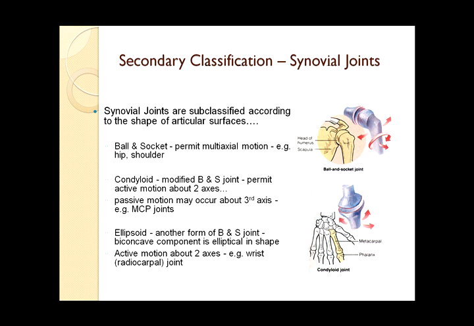Sometimes we will find joints around the body that are condyloid in nature. And these look like ball and socket joints, but only permit motion about two axes. For example, the metacarpophalangeal joints here. Again, we have one surface that is biconvex, the other surface is biconcave.